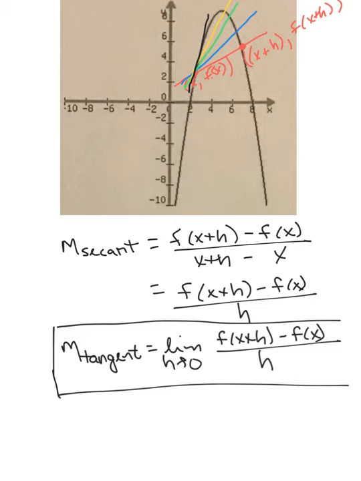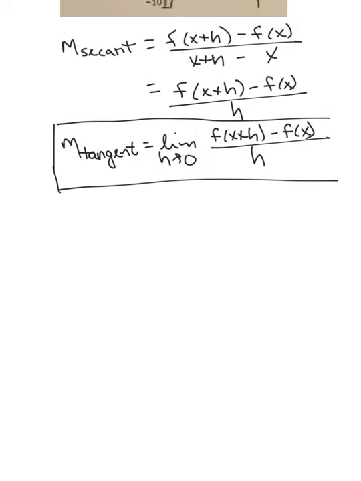This idea is so important in calculus that it gets its own name, and this is called the definition of the derivative. If you are asked to solve a problem using the definition of the derivative, this is what you are doing.